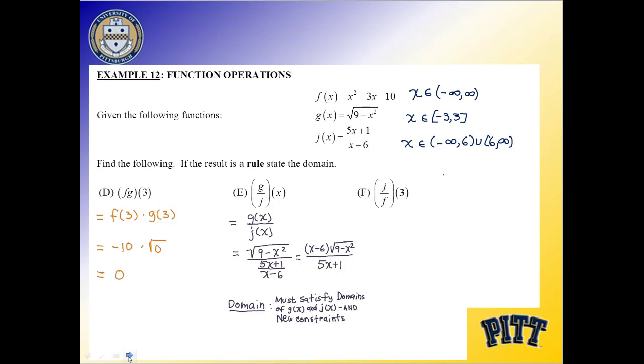Because as I see here, I have to first satisfy x is between -3 and 3 for g of x. I've got to satisfy all real numbers except 6 for j of x. And if I look at what I have now, that 5x plus 1 now being in the denominator means I have another potential x value that could put a 0 in the denominator. And that x value, by the way, would be -1/5.